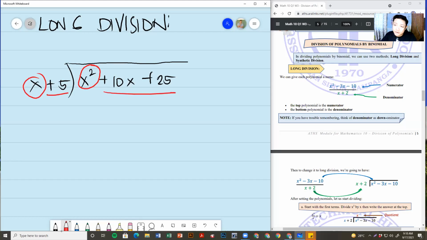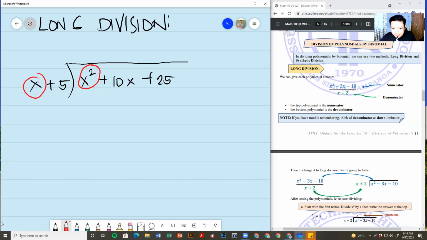Got it? First terms only. Always. Remember that. First terms only. And of course, just remember that the terms should be arranged from highest to lowest in terms of degree. Okay? So going back, like I told you, it is always the first terms only that we work with.